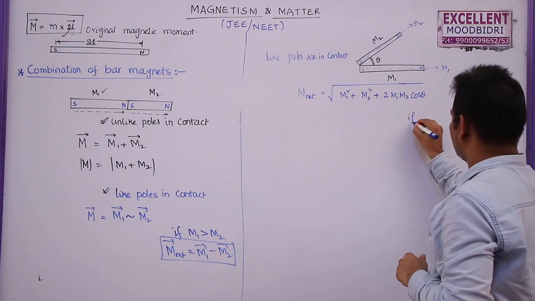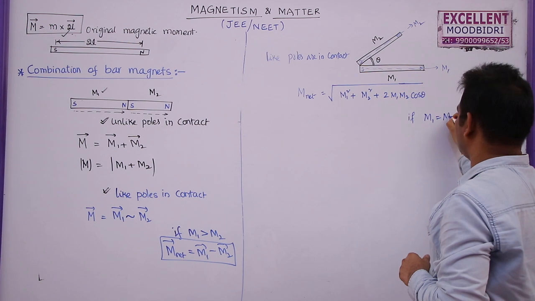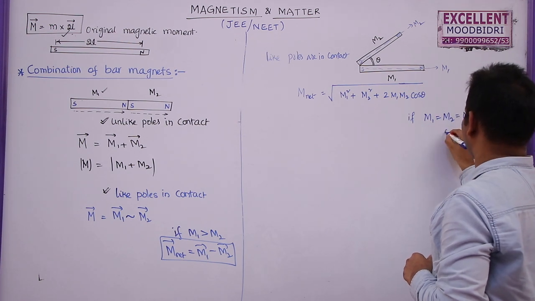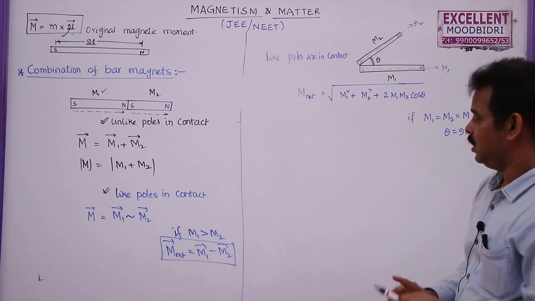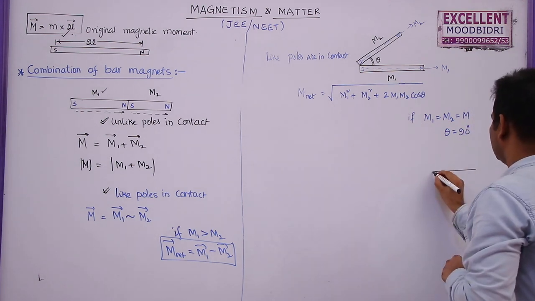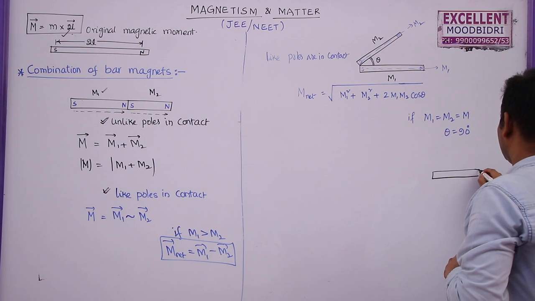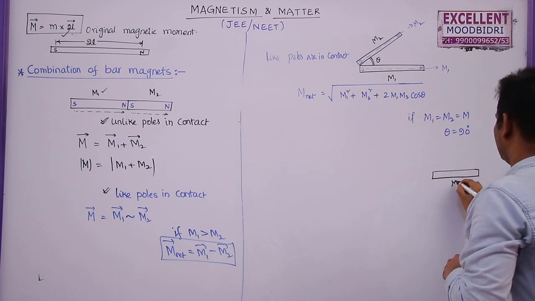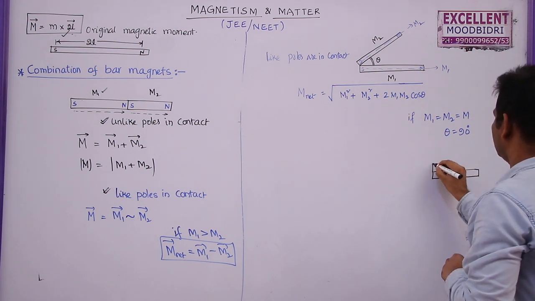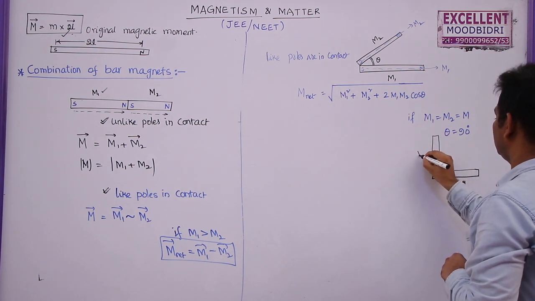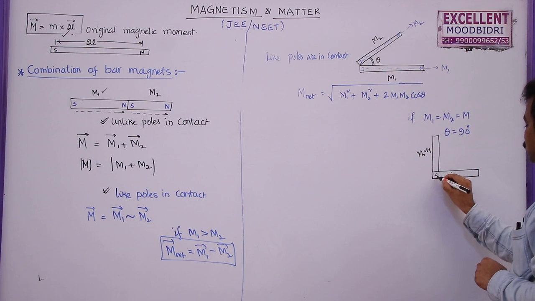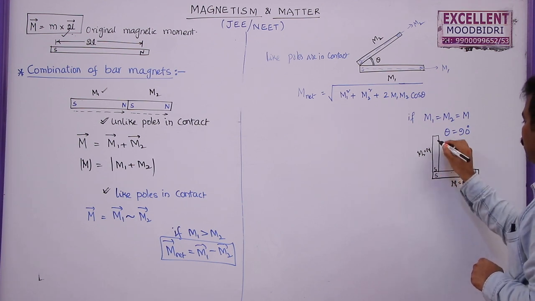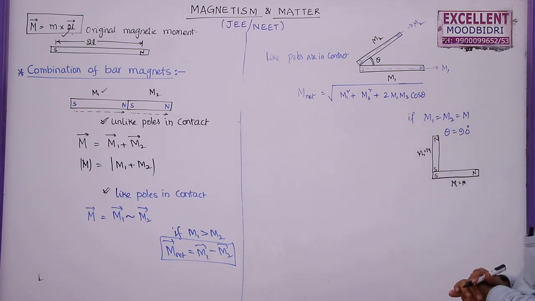Suppose M1 is equal to M2 is equal to M and theta is equal to 90 degrees. That means I am going to arrange two identical bar magnets, M1 equal to M and M2 also equal to M, with like poles in contact.